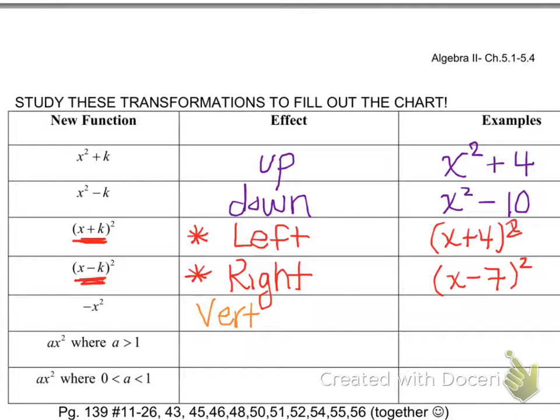We already said that. And it honestly doesn't matter what it is. I could have negative x squared plus 5. I could have negative quantity x plus 1 squared. All we care about is this negative in front. So it doesn't matter if we have any other shift. If it's negative, it's a vertical flip.